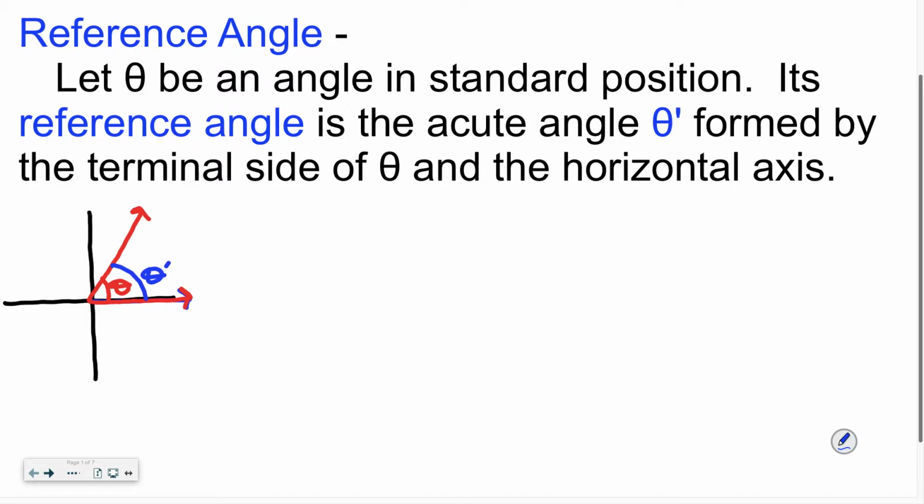All right. So let's talk about if we had a second quadrant angle. So here's an angle in the second quadrant. If we want the acute angle between the terminal side and the horizontal axis, we're talking about this guy right here.